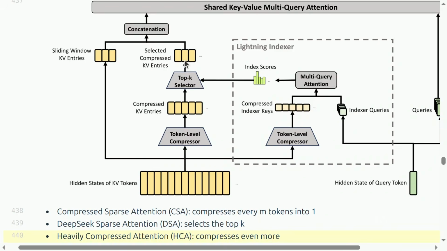The way you select a subset is that you compute some lighter-weight queries and keys, and then do a smaller attention to get index scores so you know what to keep. It's a lightning-fast way to figure out which tokens you need to keep, and then you use those. And then there's more compression that happens.